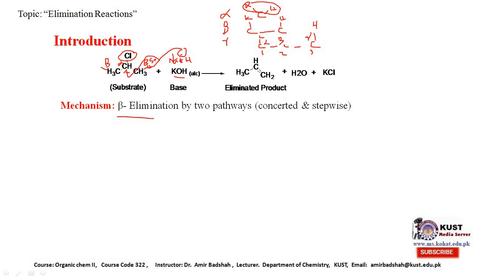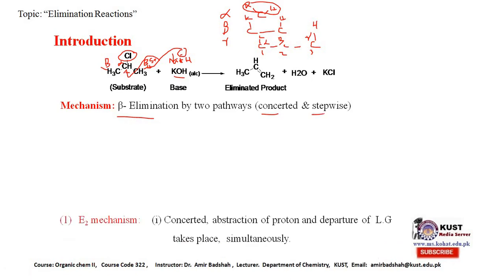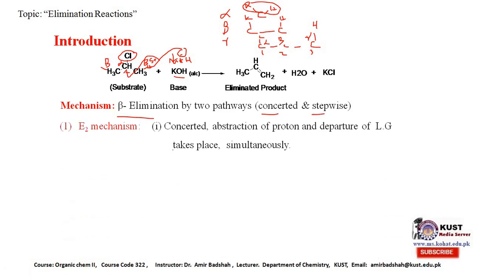So this eliminated product can be formed by two pathways. The first one is the concerted and the second one is the stepwise mechanism. If it follows the concerted mechanism, then it is called the E2 mechanism.